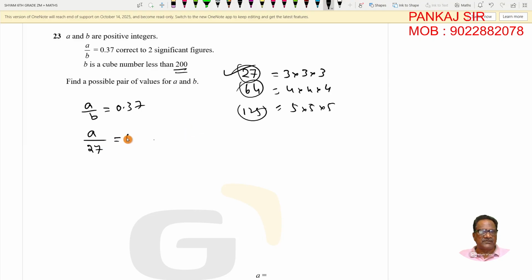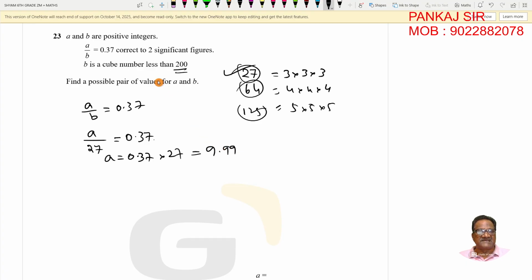So this will be equal to 0.37. So my A will be 0.37 times 27. By calculation, 0.37 times 27, and the answer I'm getting is 9.99.